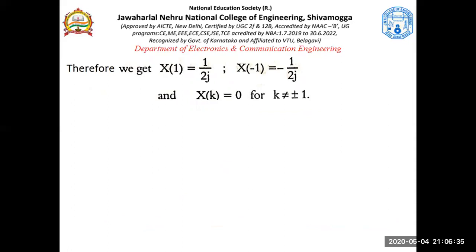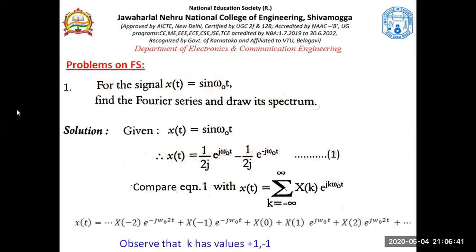Understand that? Now what they're asking is to plot the magnitude spectrum and phase spectrum, that is, draw its spectrum. There are two spectra, one is magnitude and the other is phase. Given a complex number, what is the magnitude spectrum and what is the phase spectrum? Let's see.